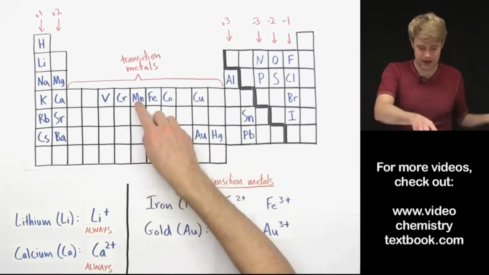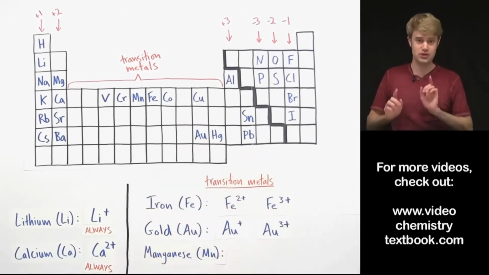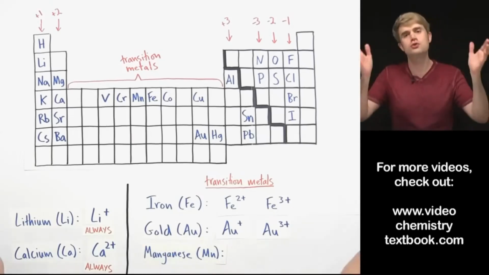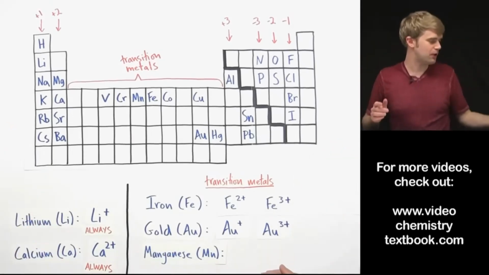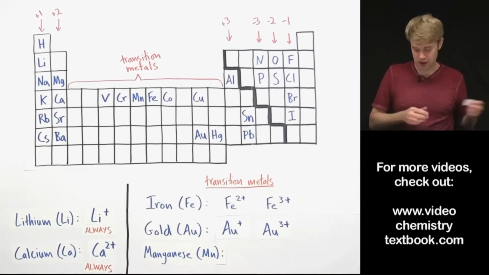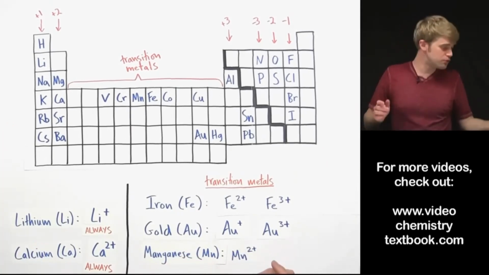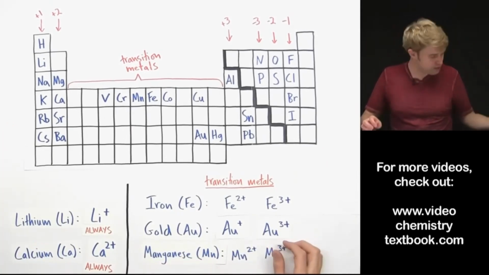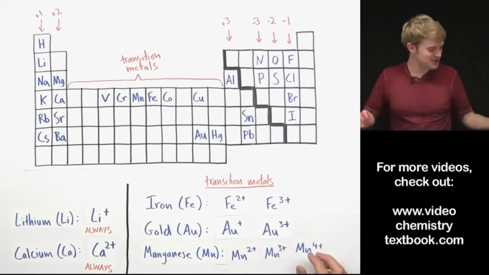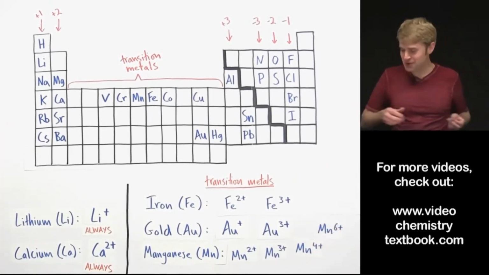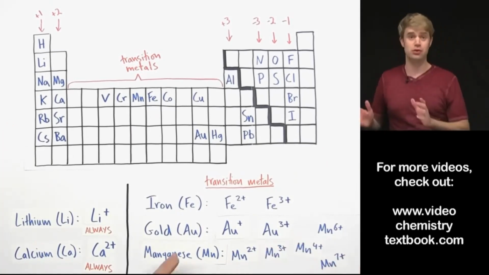Manganese, which is right here, is one of the craziest of the transition metals because of the huge variety of ions that it can make. A manganese element can turn into Mn2+, or Mn3+, or Mn4+, or Mn6+, or Mn7+.